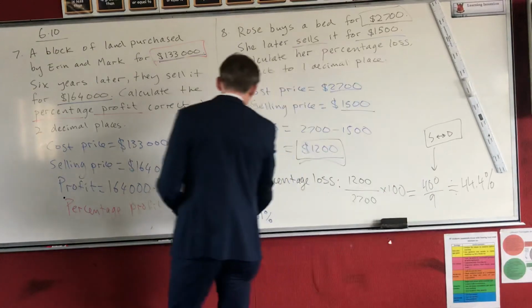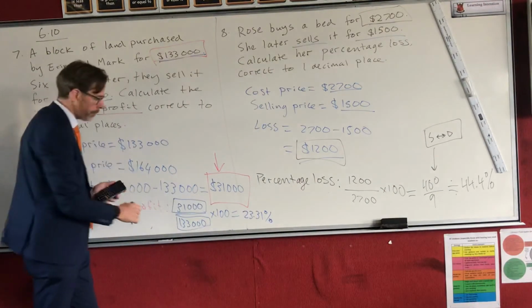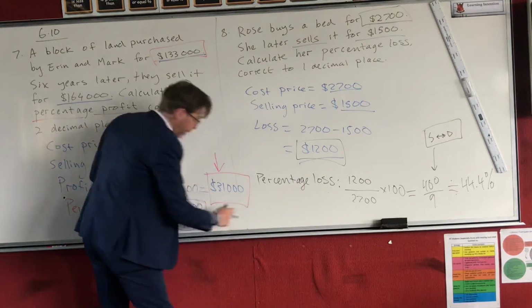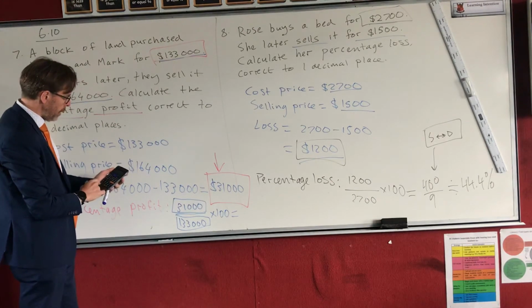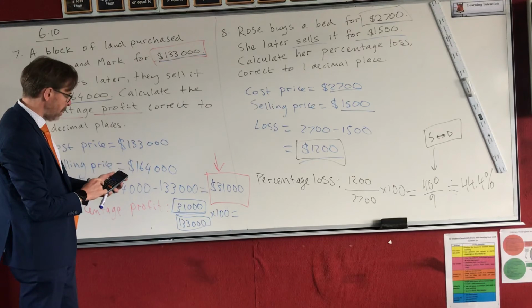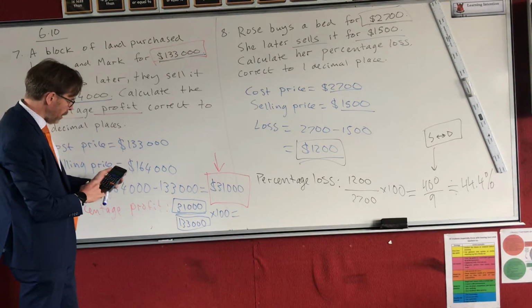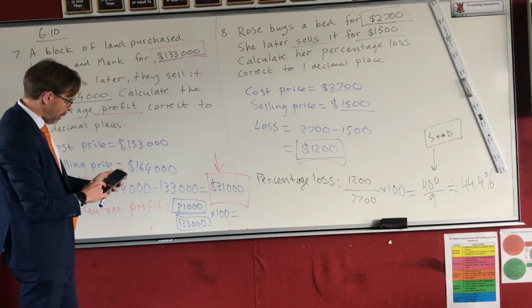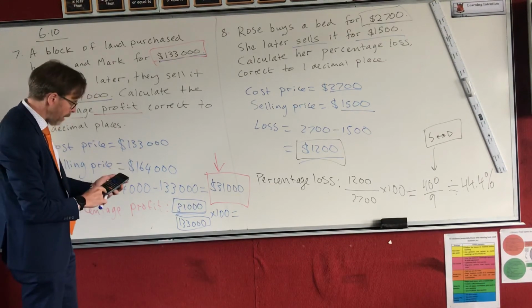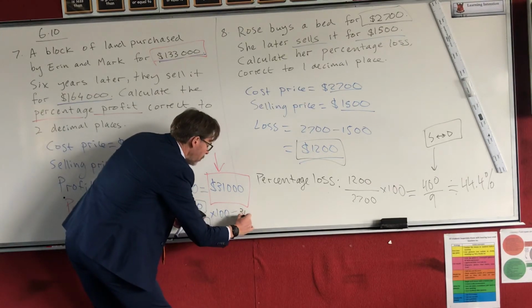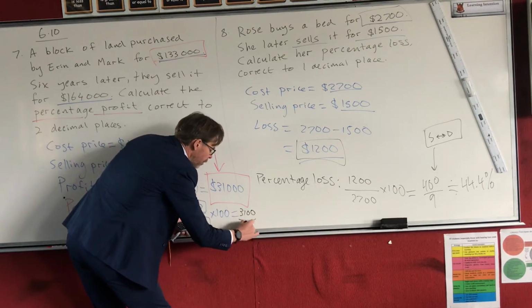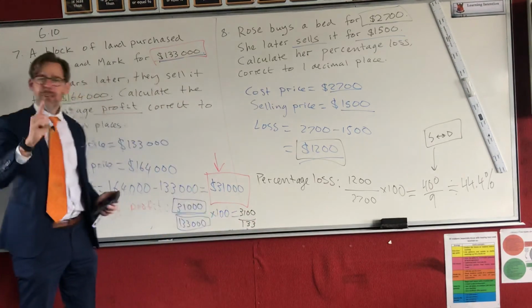Same thing over here actually. If you do this one over here, I'm just going to rub this out for a minute. If you go 31,000 over, using the fraction of 133,000 times by 100 equals. Okay, so you'll actually get 3,100 on 133. You'll have to do the same thing.